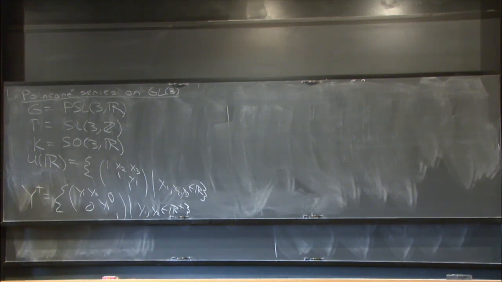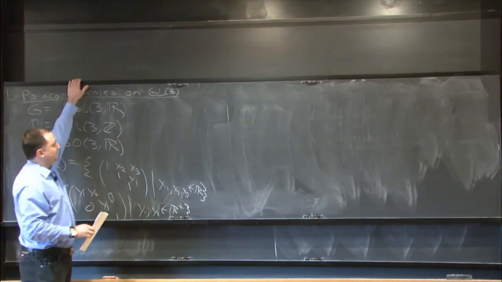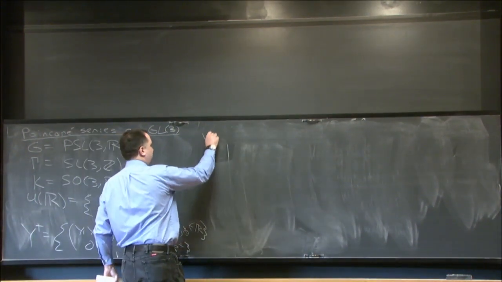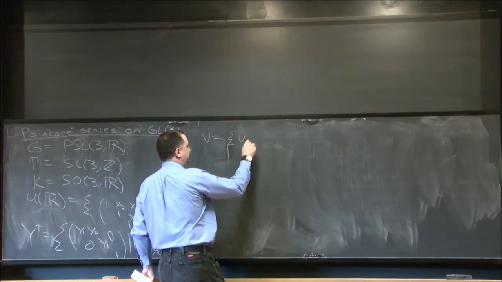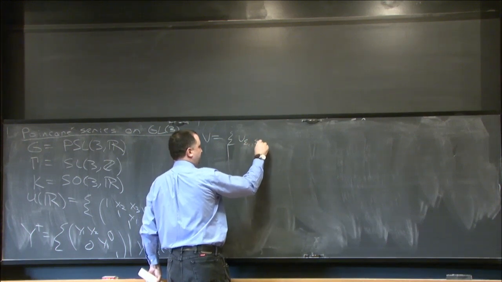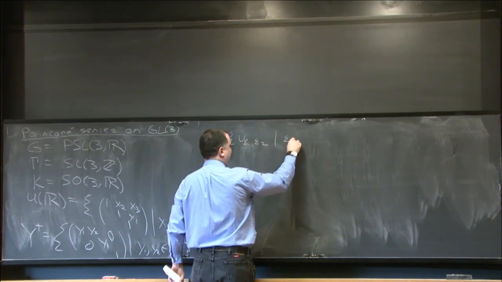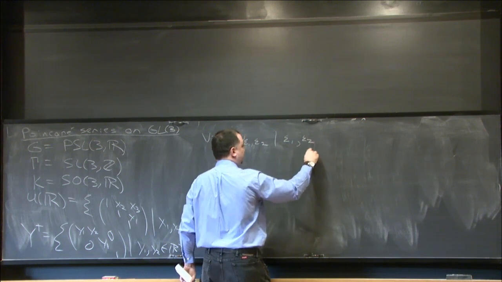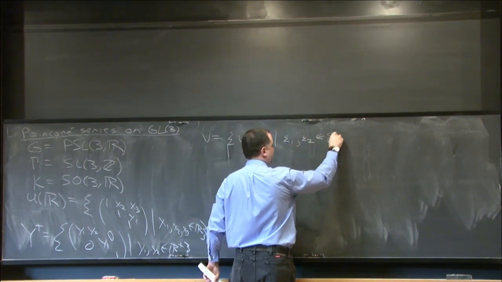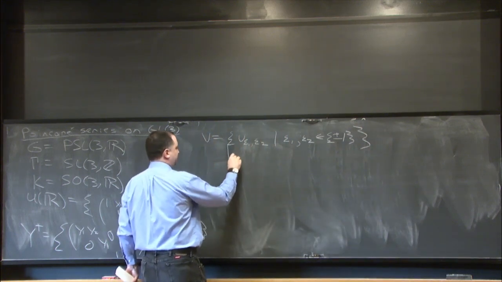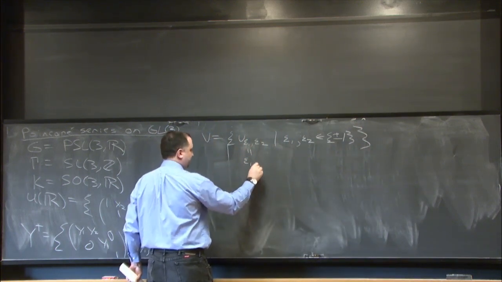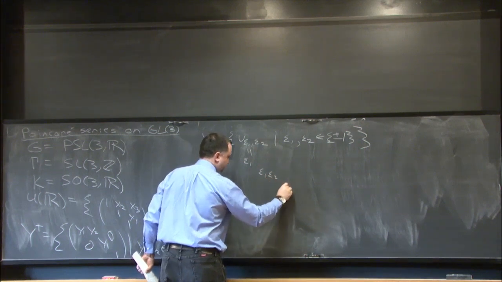I need a couple more groups. The diagonal matrices in here: V is the set of matrices V epsilon 1, epsilon 2, where epsilon 1 and epsilon 2 are plus or minus 1. And this is epsilon 1, epsilon 1, epsilon 2, epsilon 1.